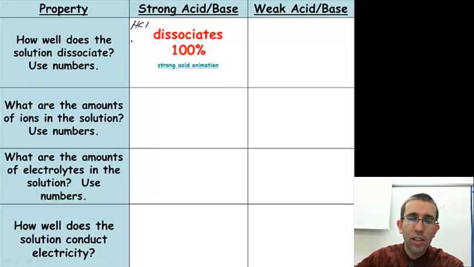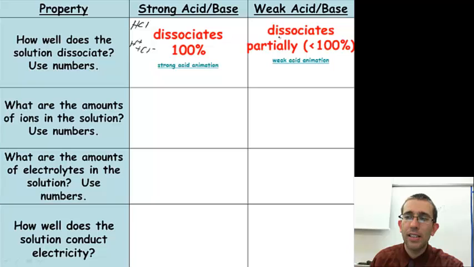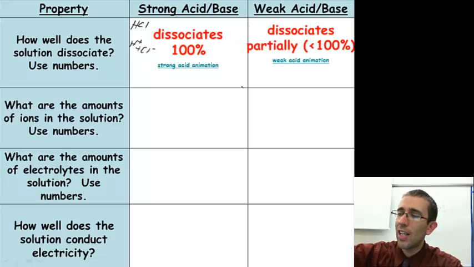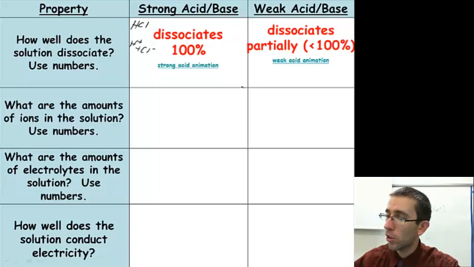Every time you put HCl into water, you get H+ and Cl-. They completely dissociate. As opposed to a weak acid and base, they only partially dissociate. When you put vinegar into water, vinegar is a weak acid. It only partially dissociates.